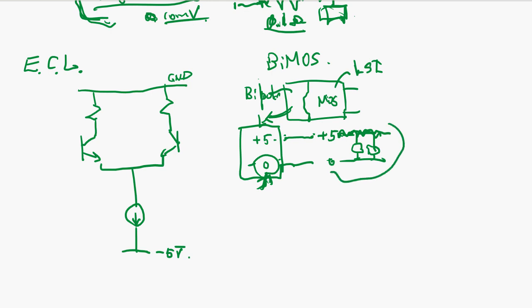So digital CMOS is noisy, meaning the plus 5 and the 0 have a lot of noise, and this side, high speed, hates the noise, so you isolate.